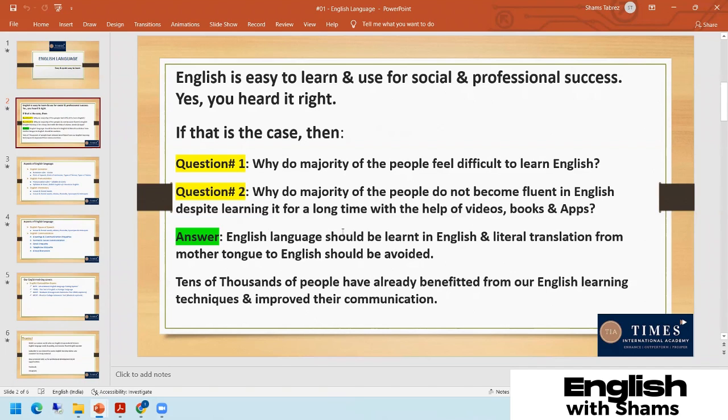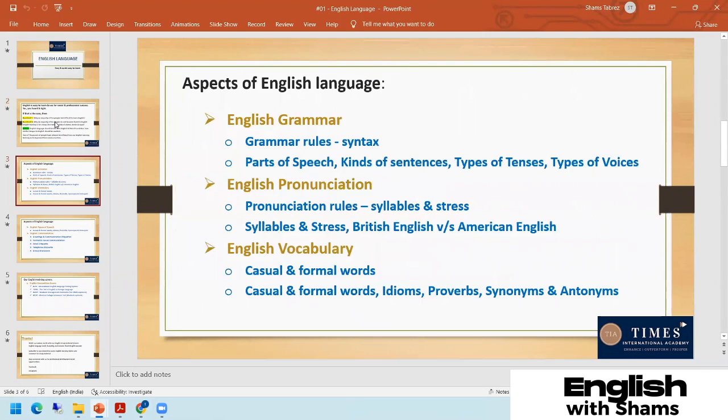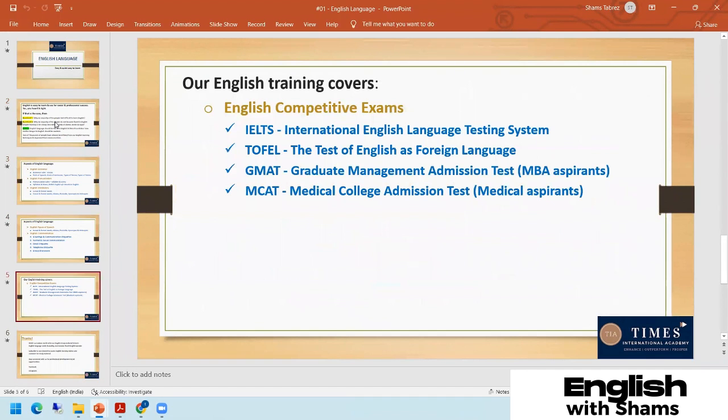That's why we have designed this business English training in English itself. After successful completion of the training, you can appear for and successfully pass English competitive exams like IELTS, the International English Language Testing System.